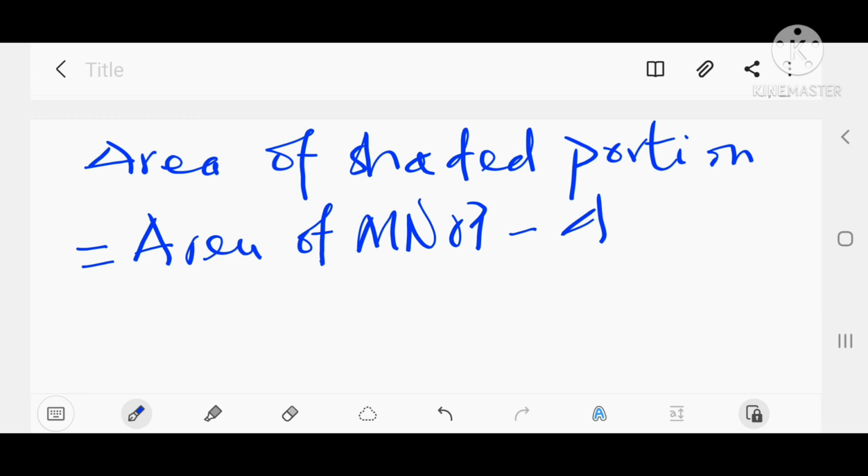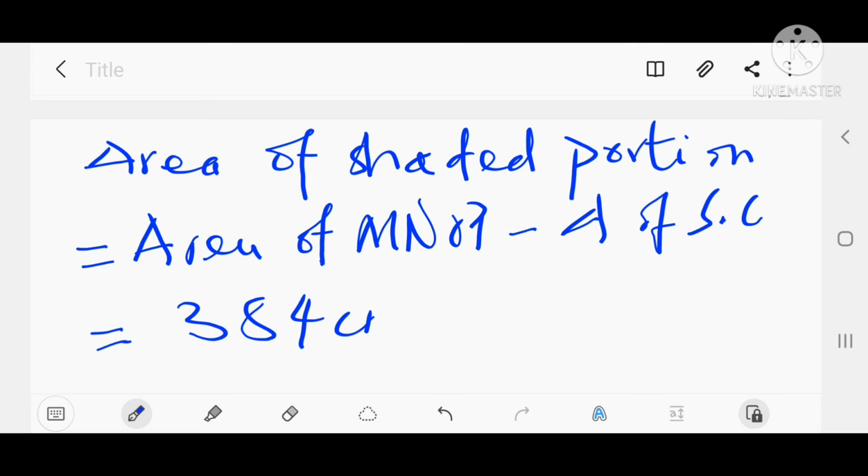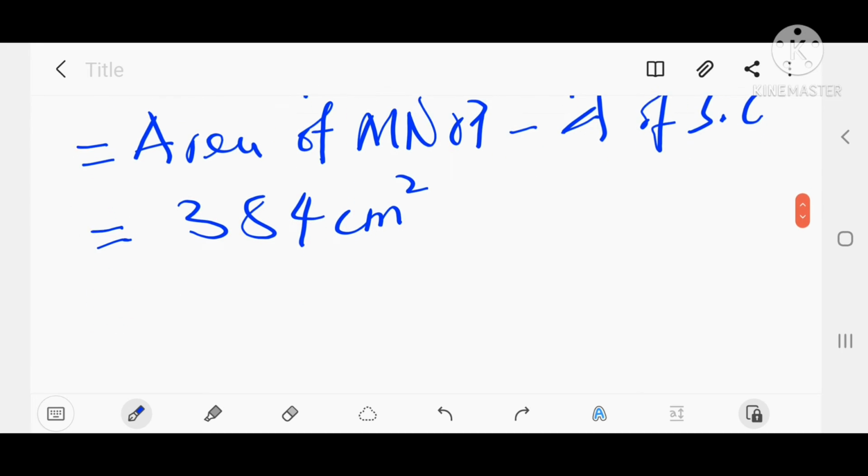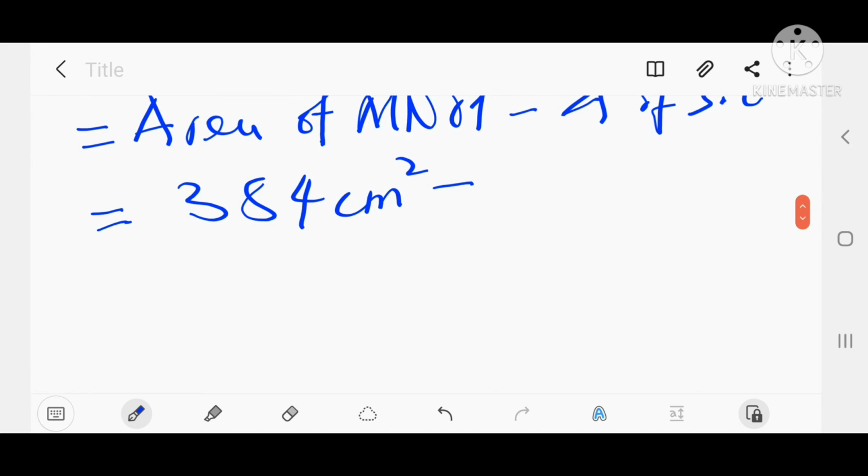So we have the area of the rectangle, which we found to be 384 centimeters squared, minus the area of the semicircle, which is 226.29 centimeters squared.